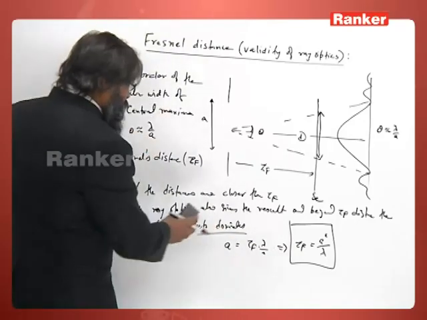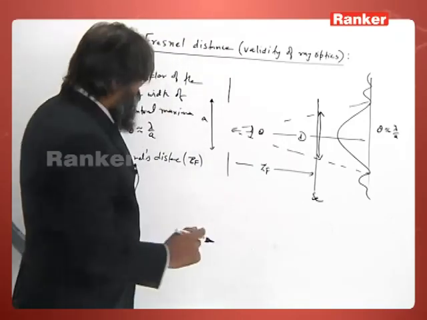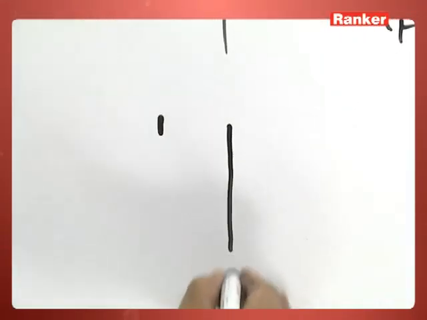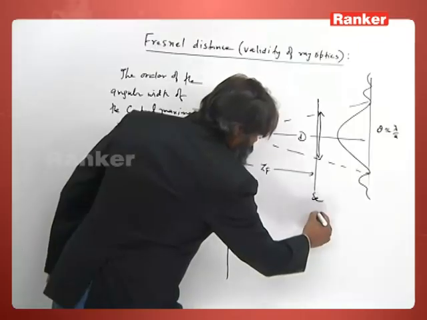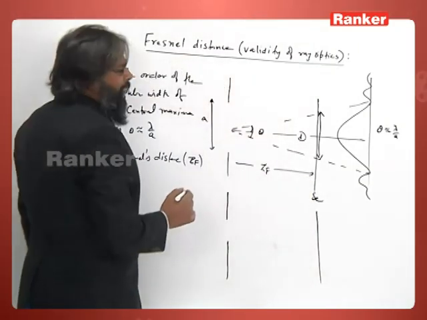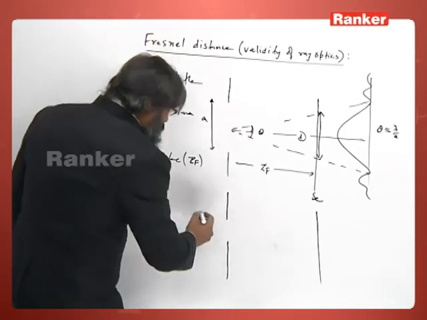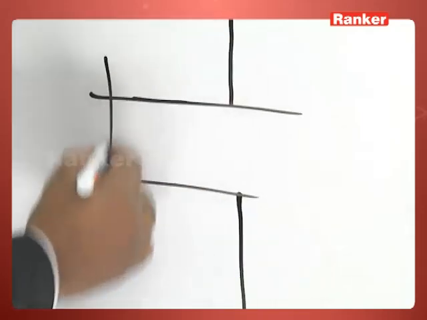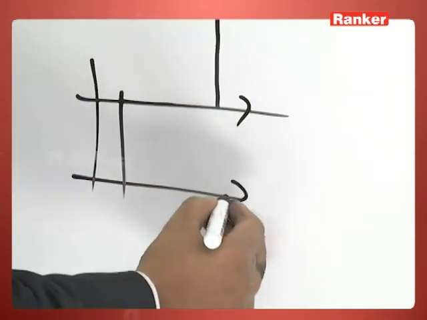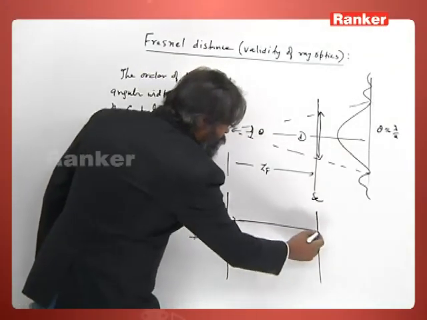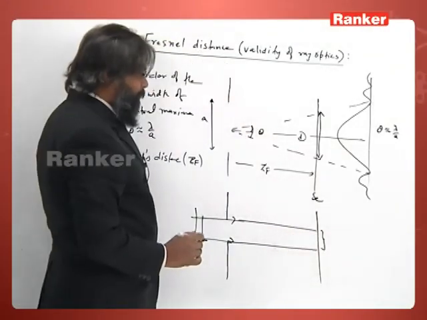Now let us see with one more diagram. This is my diffraction slit and this is the screen placed at ZF distance. Suppose I assume ray optics, and this is a plane wavefront, so these are the rays. Ray optics tells that the rays are going to be confined within this distance.